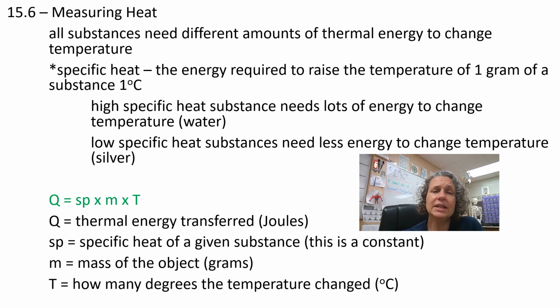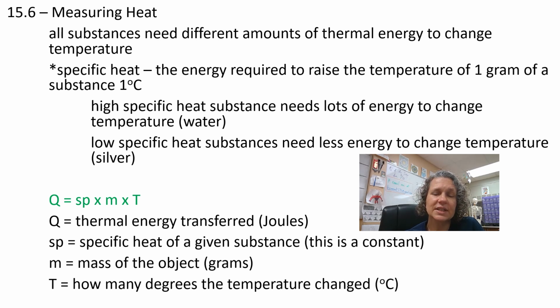Specific heat is the energy that's needed to raise the temperature of 1 gram of whatever substance by 1 degree Celsius. If something has a high specific heat, then you need lots of energy to change the temperature. Water has comparatively a very high specific heat.